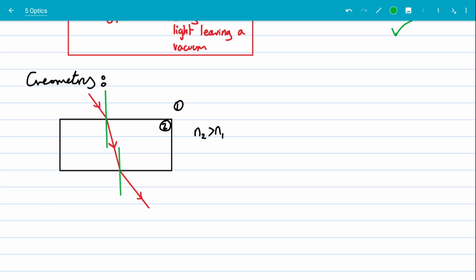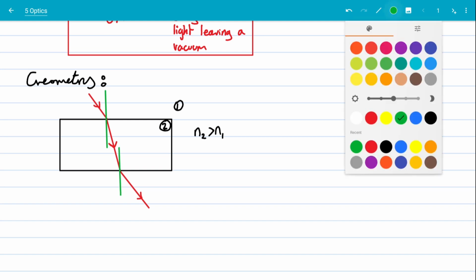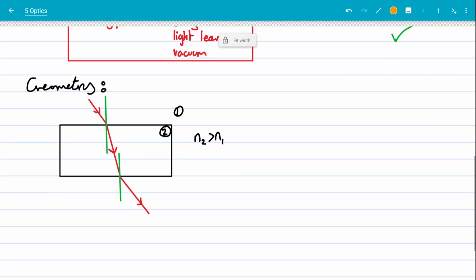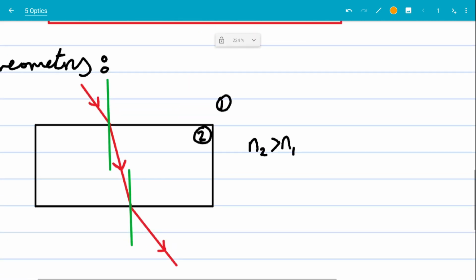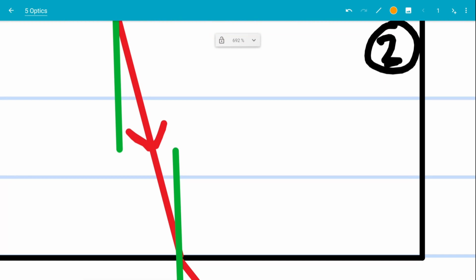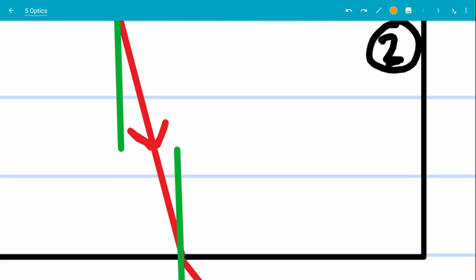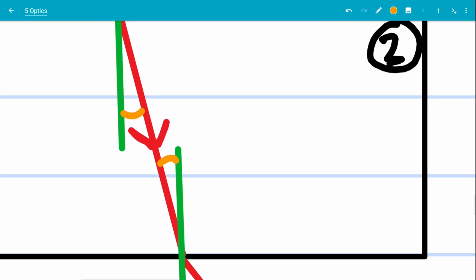And now for some geometry that's going to absolutely blow your minds. Let's zoom right in so we can see it very clearly. This angle is exactly the same as this angle. They are the same.